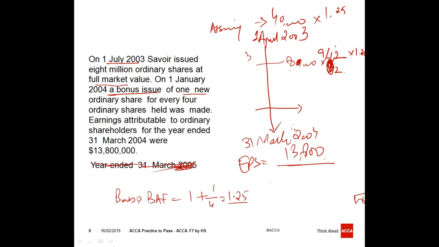So these are the calculations. I'm repeating here, 40,000 into 1.25 plus 8,000 shares. First, we have to take the proportionate share into 1.25. So this should be the denominator. The EPS will be, please calculate the EPS: 13,800 divided by 40,000 into 1.25 and 8,000 into 9 upon 12.